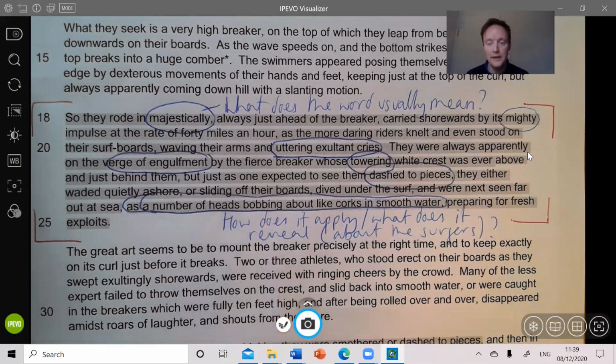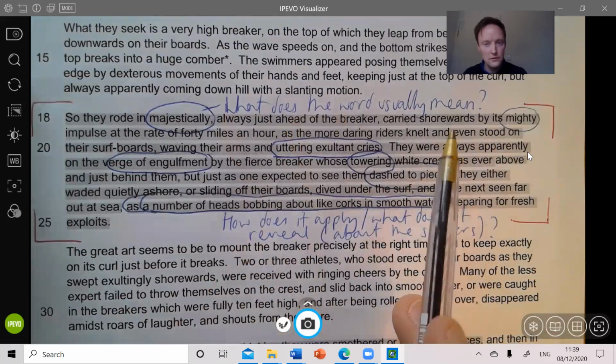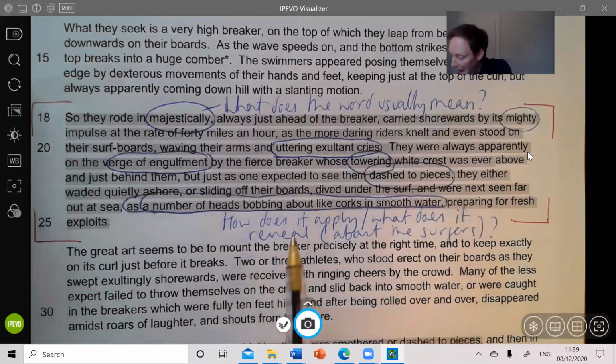What does it reveal, towering in this instance, about the sea and about the surfers? What is engulfment? What does it mean usually if one is engulfed? So how does that word engulf apply to this particular question about the sea and about the surfers?